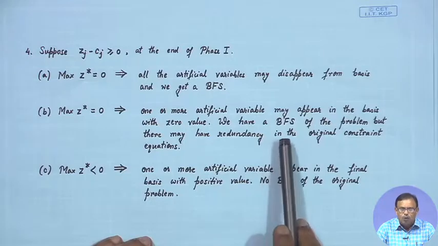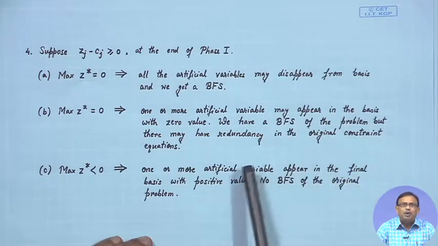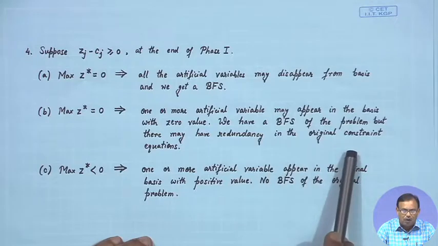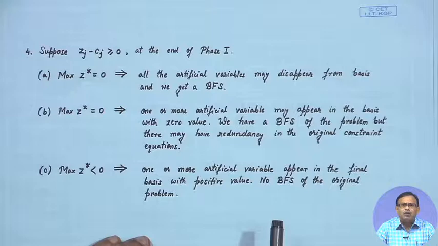That means we have a basic feasible solution of the problem, but there may be redundancy in the original constraint equations. That means whatever constraints we have used, there may be redundant constraints, meaning if we had not written one constraint, then also my problem would not have been affected.